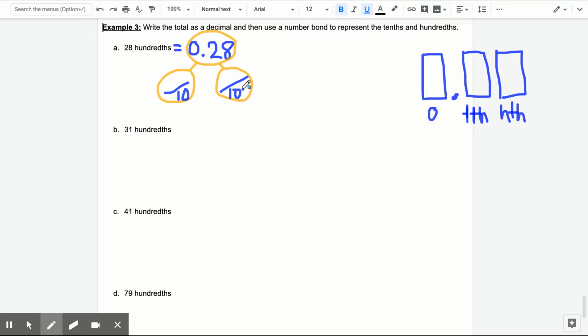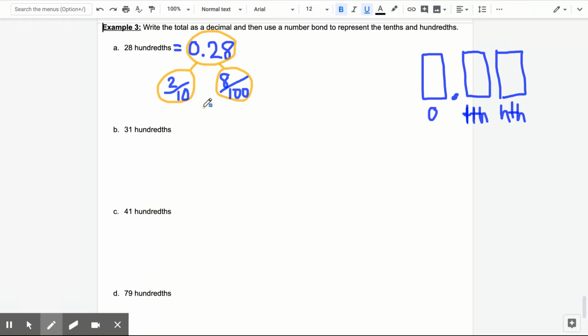Okay, so thinking back to this guide here to our right, in our tenths place, it's our first box, we have 2. So that means I have 2 in my tenths place, or 2 tenths. If I look next door in my hundredths place, I have 8, which means I have 8 hundredths.